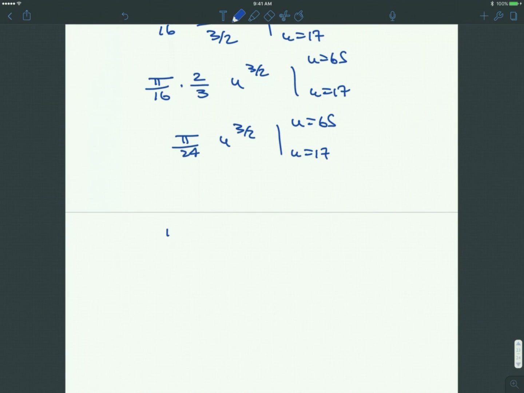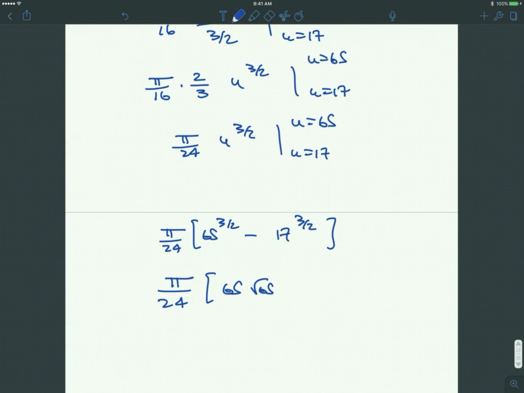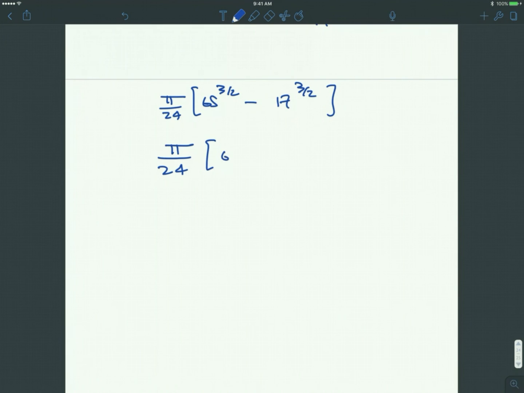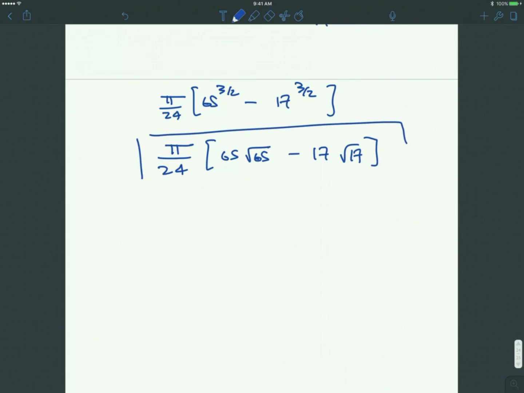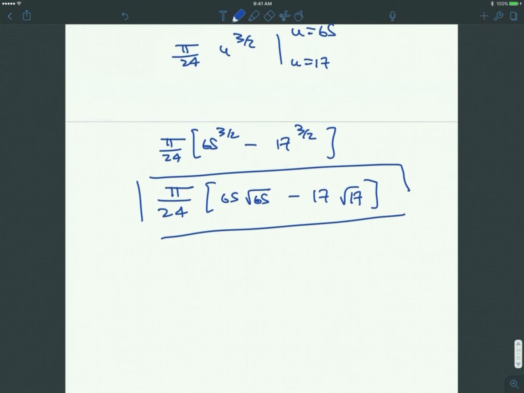So we evaluate here our limits, upper limit and lower limit. We get that 65 and we get 17. So pi over 24, 65 times the square root of 65. Let's write this nice and neat because it's our final answer. We get 65 square root of 65 minus 17 square root of 17. This is our surface area.